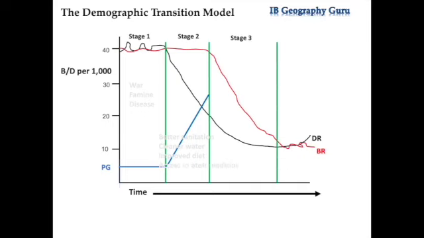Now, stage 3 is an important one, simply because it can link to many other aspects of population geography, which the IB deals with later, such as population momentum and the demographic dividend. But here, the dramatic reference that you can look at, of course, is that fall in the birth rate, rapidly decreasing.